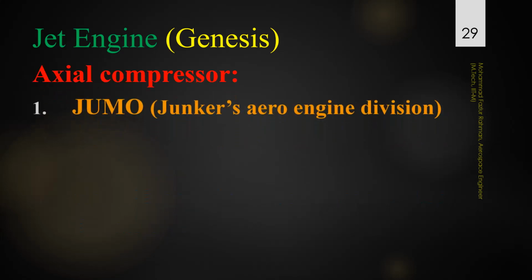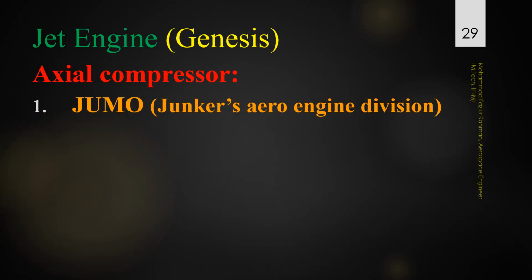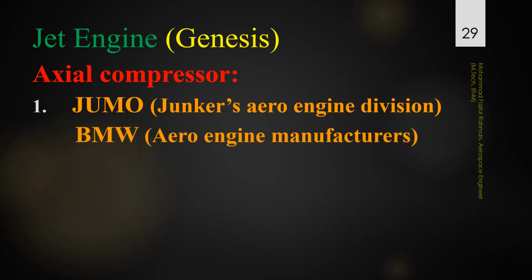So the solution was the axial compressor. People started thinking about it. The Junkers Aero Engine Division, Jumo, and the BMW aero engine manufacturer in Germany tried to pioneer the job. And again, Germany was not alone.